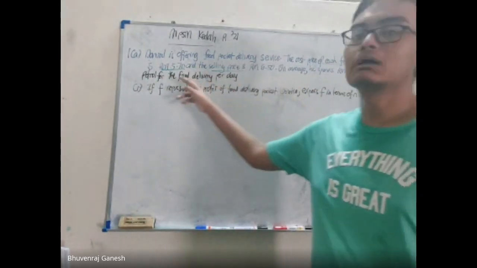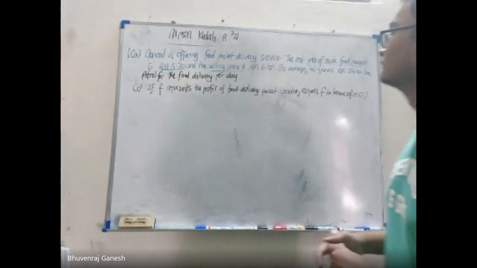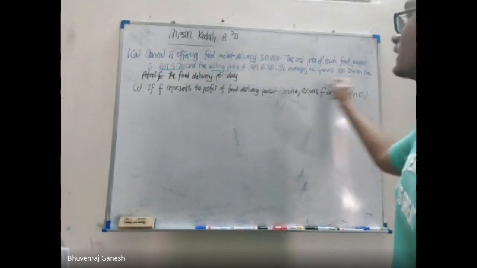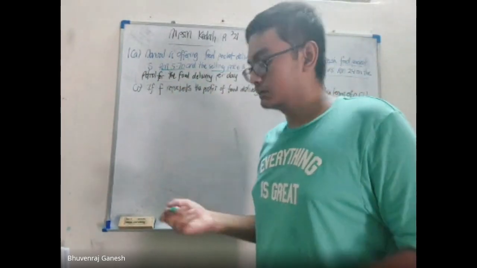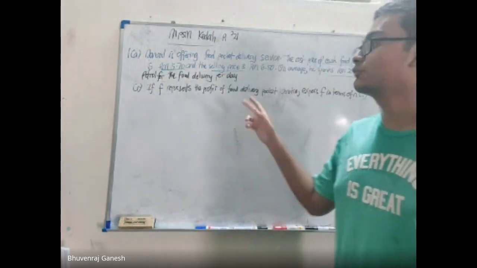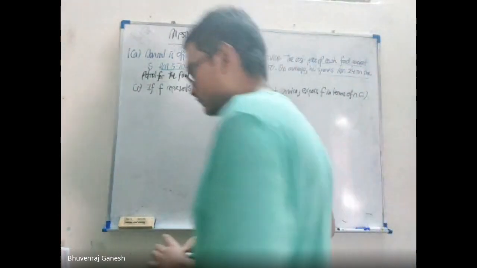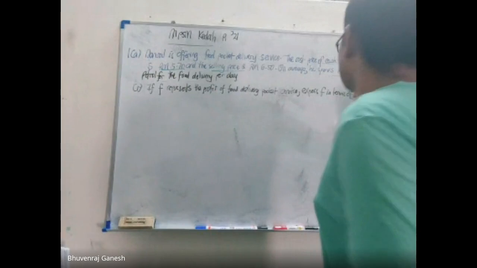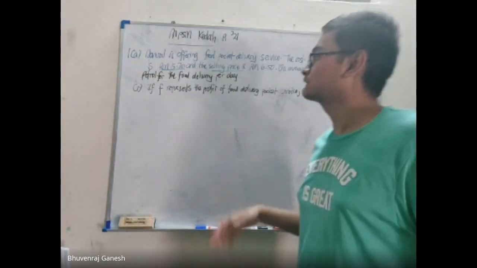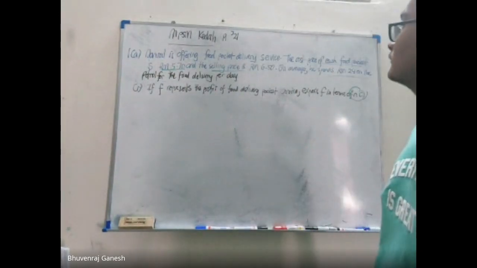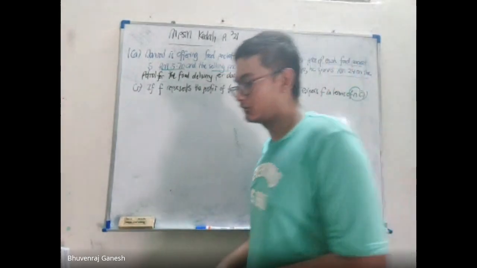So quick maths, you get the profit is 0.80 here. And on average, he spends 24 on the petrol. So this one is going to be deducted from your profit, of course, because you're going to spend that one out. And why they put the variable N here is because N will represent how many times you go and deliver the food packet, of course.